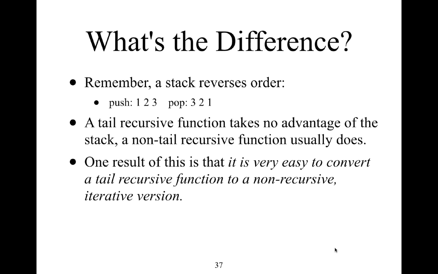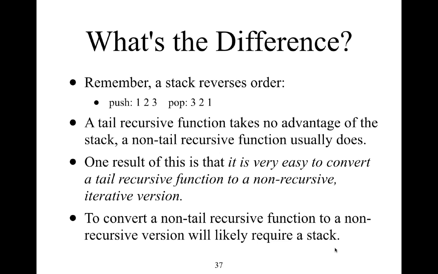So what this means is that it's really easy to convert a tail recursive function to a non-recursive iterative version. And this might be desirable. Well, it's desirable at this point simply as a way of thinking about recursion and how it relates to iteration.